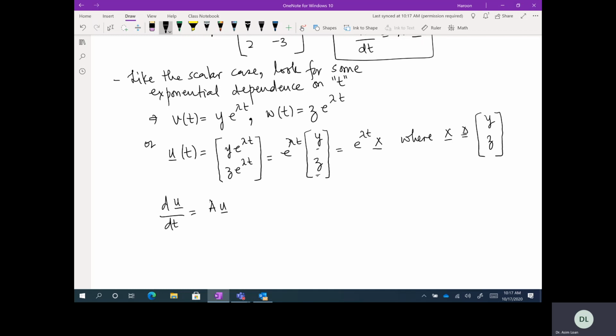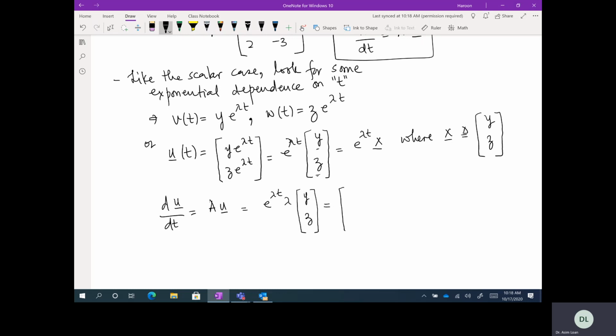The derivative of this vector with respect to t is going to give me e^(lambda t) times lambda times y z, these are constants, equals A times u.